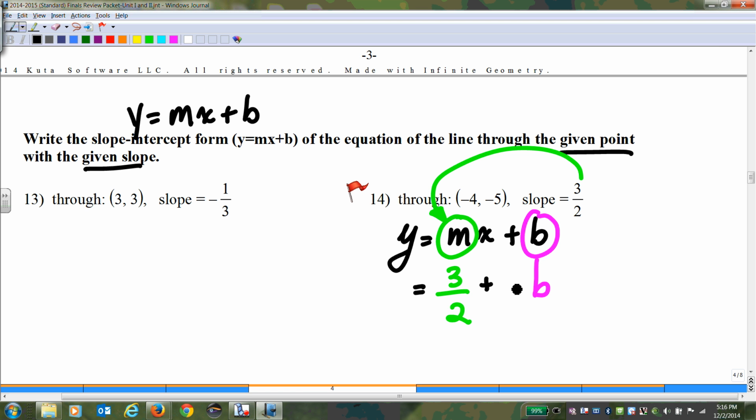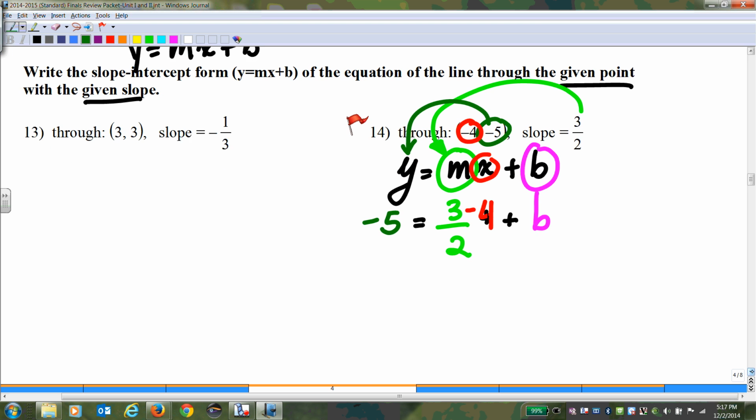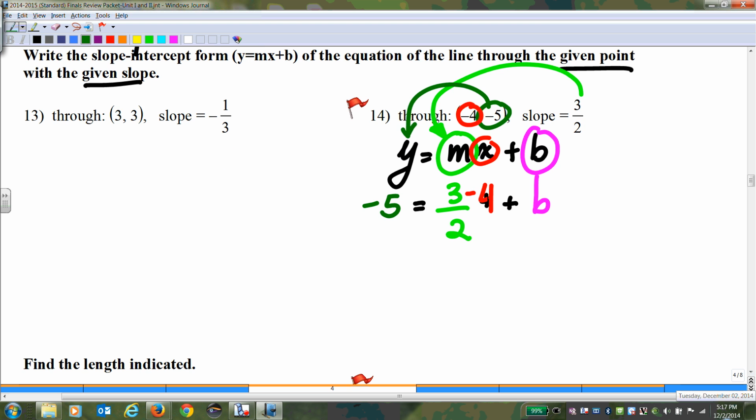But let's look at what we do have. We do have an x, that's going to be -4. And we do have a y, that's going to be -5. Now we're going to solve for b. This is -5.